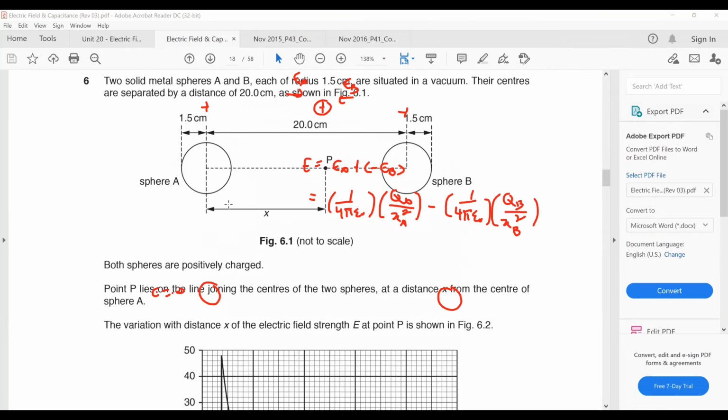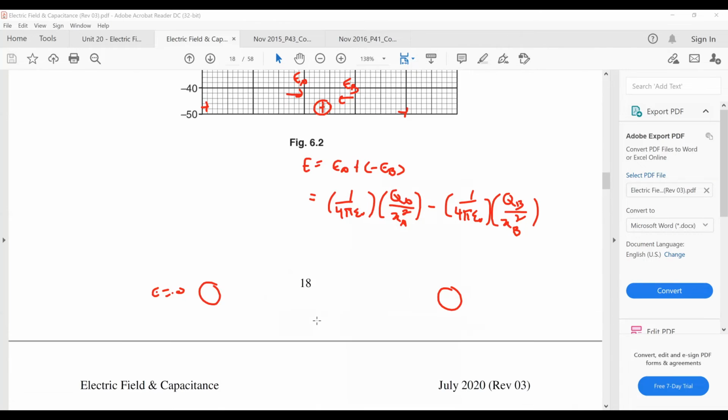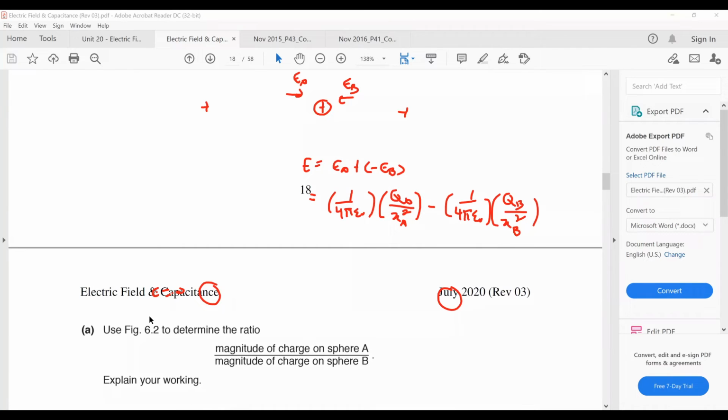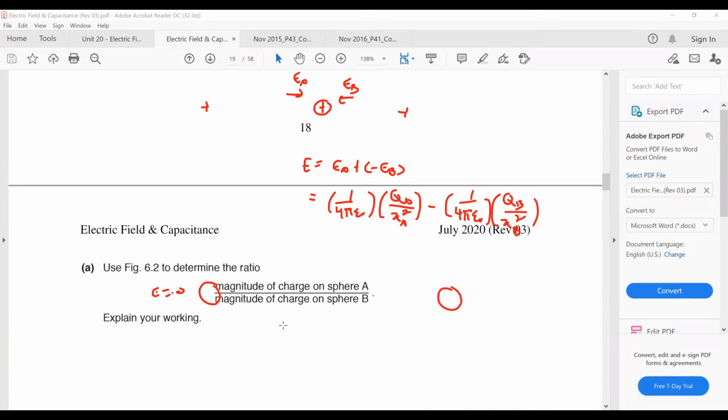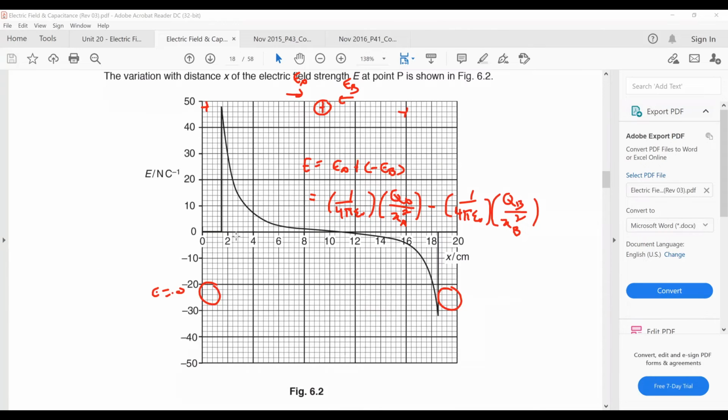Anytime you talk about inside your sphere, your field strength must be 0. Now they ask you to use figure 6.2 to determine the ratio of the magnitude of charge on sphere A to the magnitude of charge on sphere B, the ratio of charge A to charge B by using this figure.